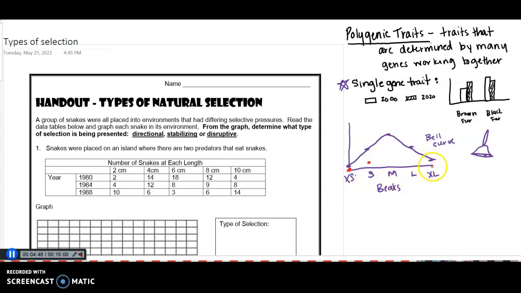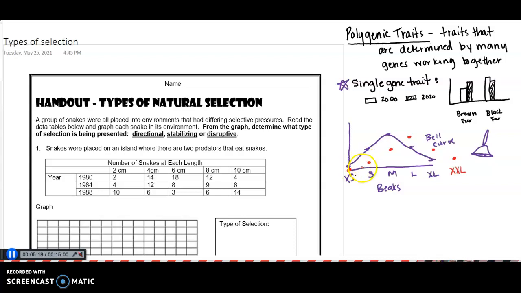But if I look at the extra large, those have actually increased. And the large, there's just a ton of them. But the medium has decreased a little bit. And now we also have this extra, extra large beak, because when the extra large beaks are mating, they're going to produce these extra, extra large.